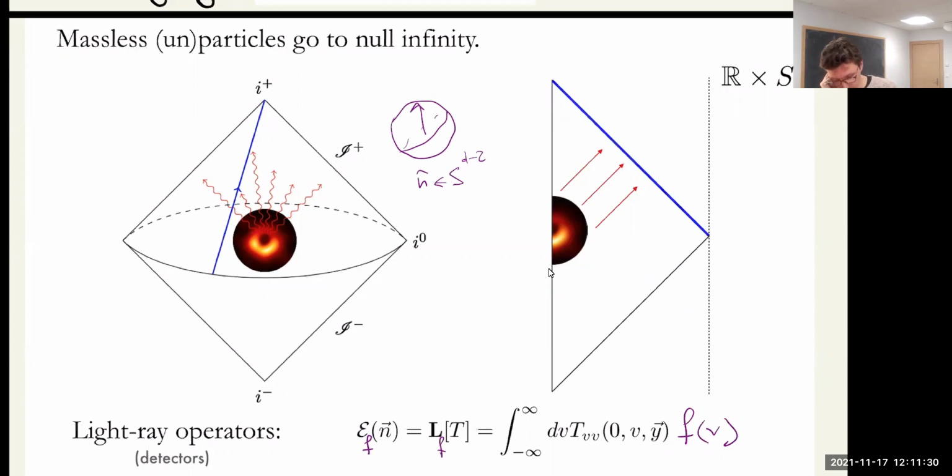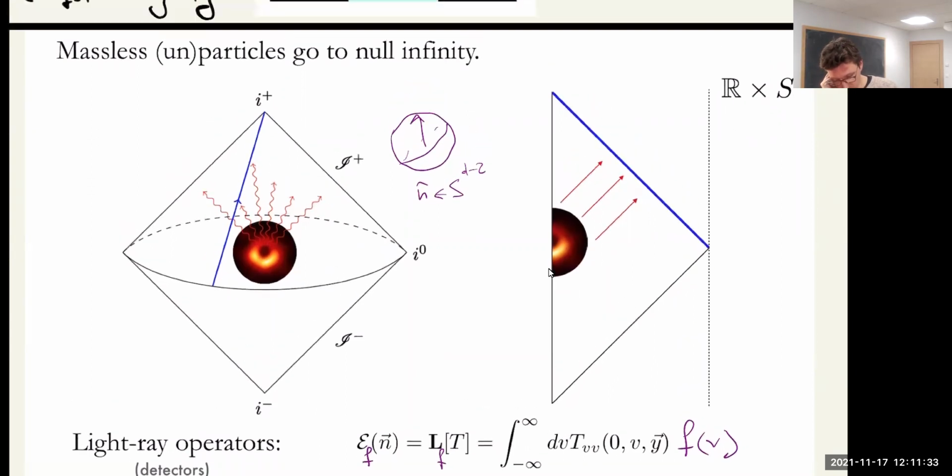And the profile along which you integrate along scri is specified here by this function f. So this is a function along the retarded time. For example, if you just collect radiation from minus to plus infinity without any resolution, then you just set this function equal to 1. So this is the good old ANEC operator, but clearly this operator does not tell you anything about the structure, say, whether the radiation was present here or not there.